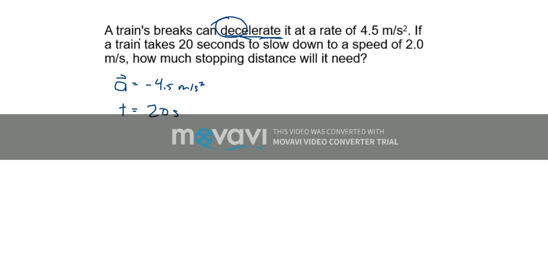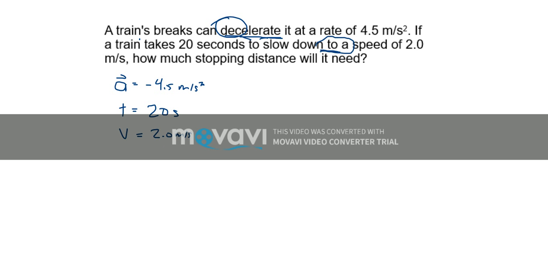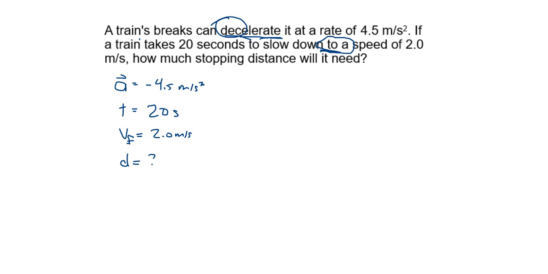We've also write a V here for speed, and it was 2.0 meters per second. But I don't know whether it's initial or final, and it said it's going to slow down to a speed. That little word right there, to a speed, lets me know this is going to be my final velocity when I'm done. And the last question just says, well, what's your stopping distance?